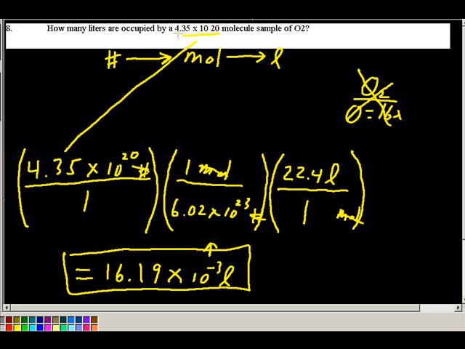Well, 4.35 times 10 to the 20th, 6.02 times 10 to the 23rd is 1 mole. This is less than that many. So I'm going to have less than a mole worth of material. 22.4 liters is 1 mole. I should have a lot less than 22.4 liters. Sure enough, I do. So the answer makes sense.